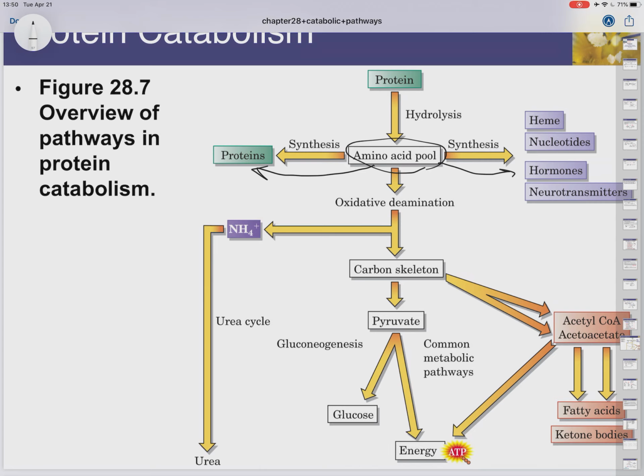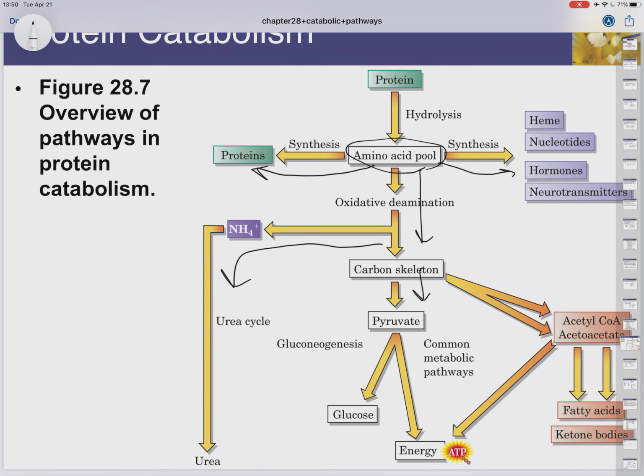If we're not going to make something with them, then we're going to break them down, and that's oxidative deamination. That means removing the amino groups. This is done pretty easily, and then ammonia, or ammonium, I should say, in that ion form, NH4, enters the urea cycle to be excreted. Once your amino acids don't have nitrogens on them, then we have the carbon skeleton.